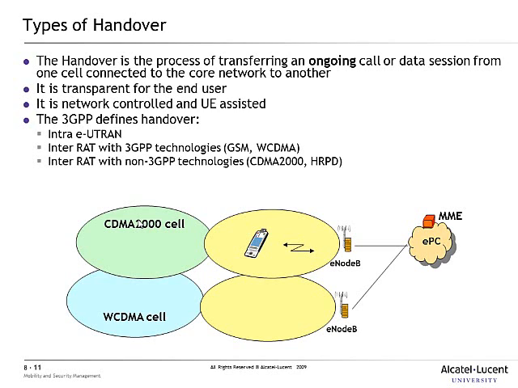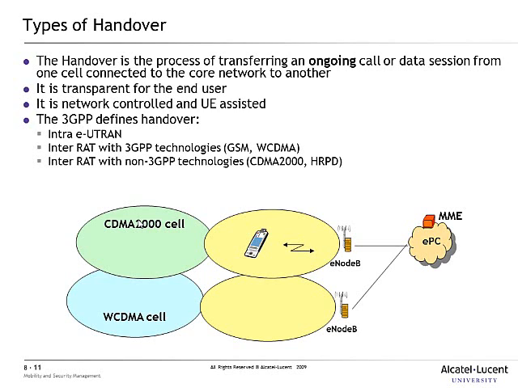When you have overlay networks, maybe a 900 megahertz network, and overlaid on top of it you have an 1800 megahertz network. Usually the 900 megahertz network has a larger coverage compared to the 1800 megahertz cells. So when the network detects a user is moving fast, the user could be handed over from a cell with a smaller coverage area to a cell with a larger coverage area. So handover due to speed is also possible.